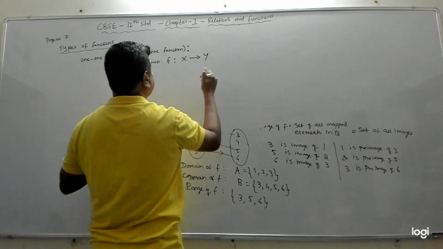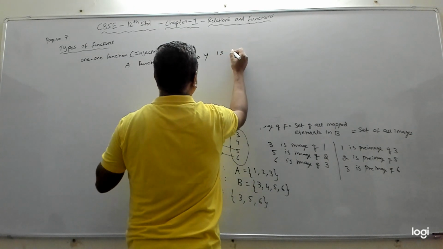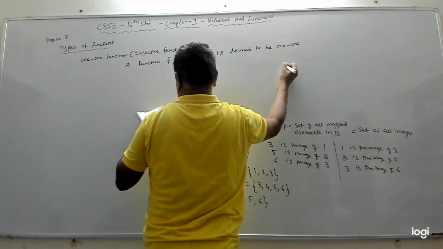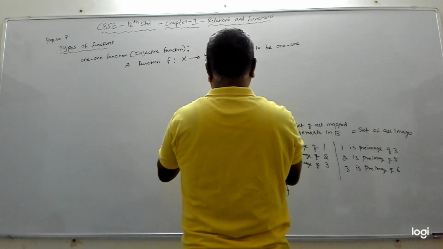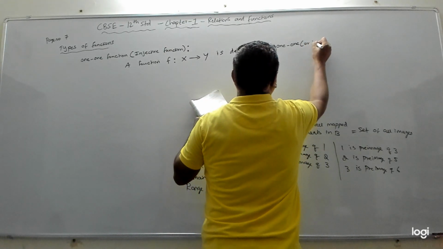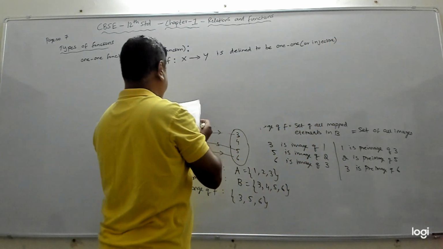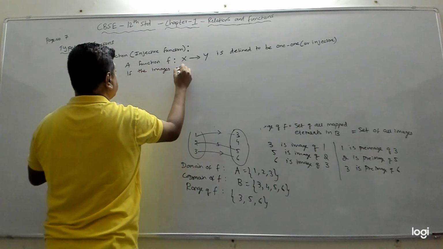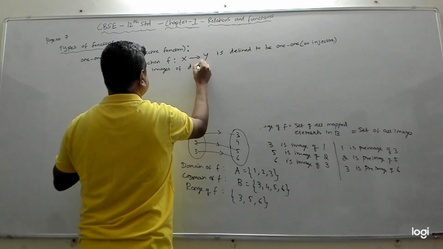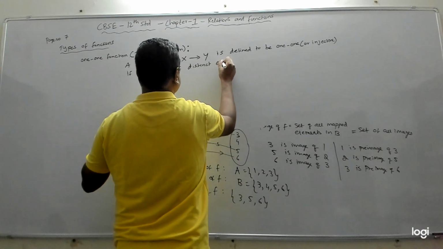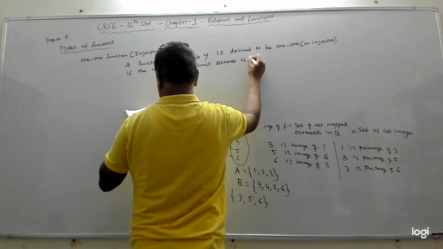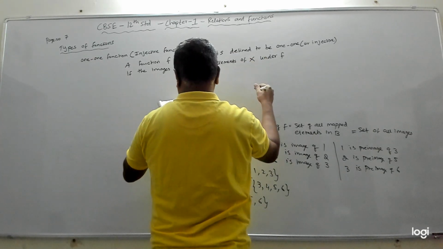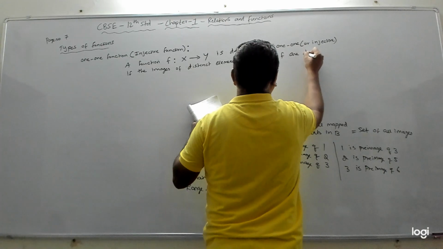A function from x to y is defined to be one-to-one, or injective, if the images of distinct elements of x under f are distinct.